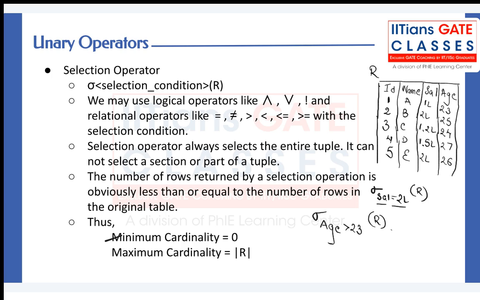Now I want you to again select those people who have age greater than 23, and also their salary should be more than or equal to 1.5 lakhs. How will you write the relational sigma operation? Age should be more than 23 and salary should be more than or equal to 1.5 lakhs.